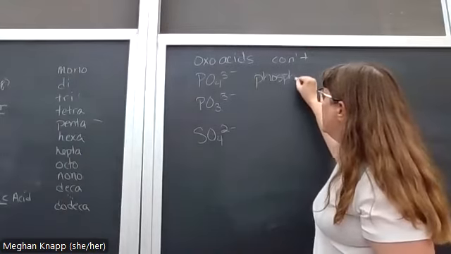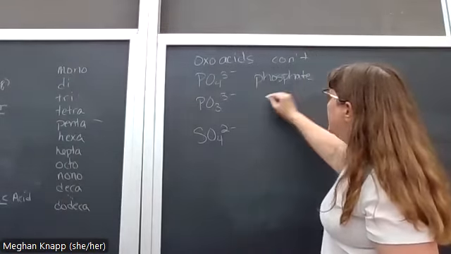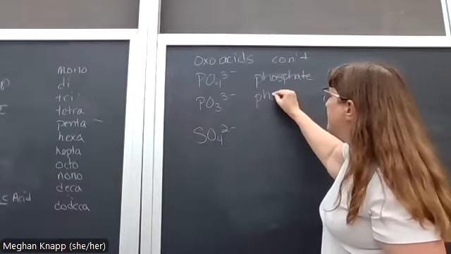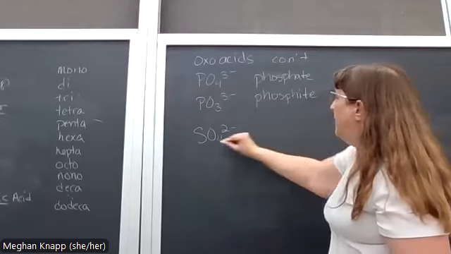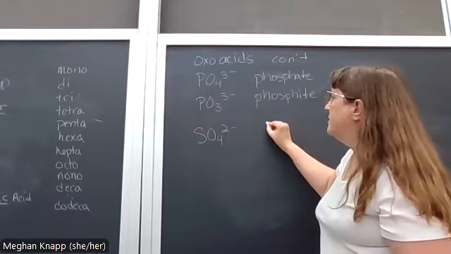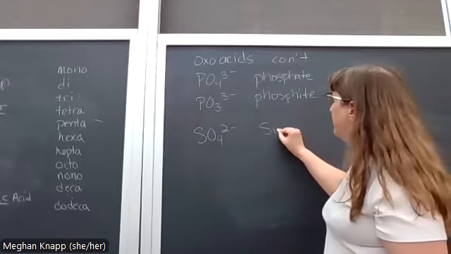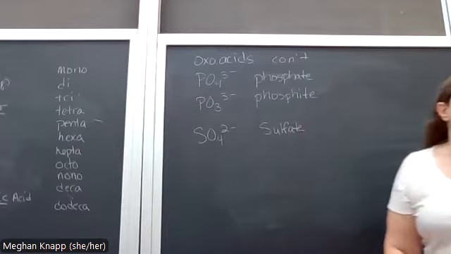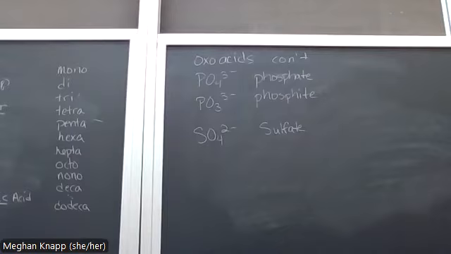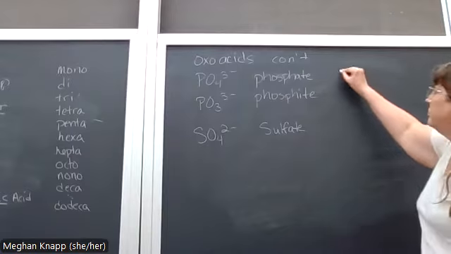And then when I reduce it by one oxygen instead of phosphate, it is phosphite. And then this one we memorized as sulfate. All right, so find those on your sheet and then look to the acids that are on the right-hand side next to them.